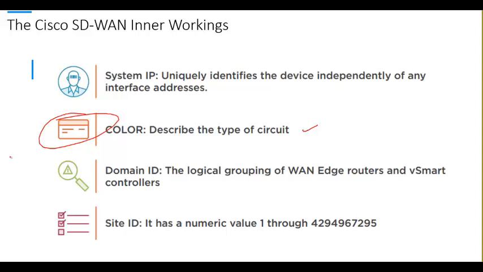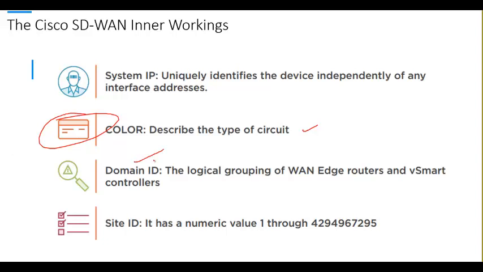They need to have a reachable T-log transport locator. If you try configuring these things, you will see different types of colors already predefined in SD-WAN.